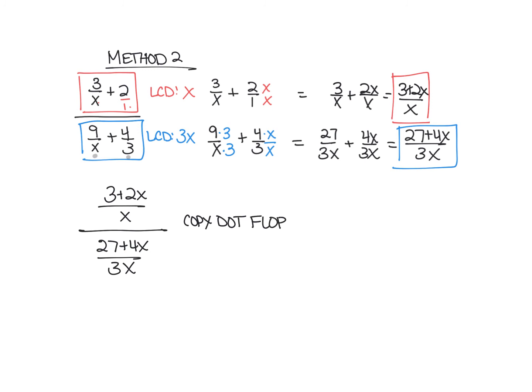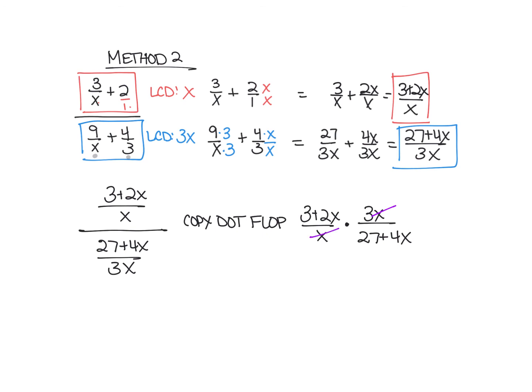I'm going to multiply by the reciprocal of that second fraction. So 3 plus 2x over x times 3x over 27 plus 4x. And now what I'm going to do is multiply straight across unless I see any common factors. And I do. I see a common factor that can cancel: this x and this x.